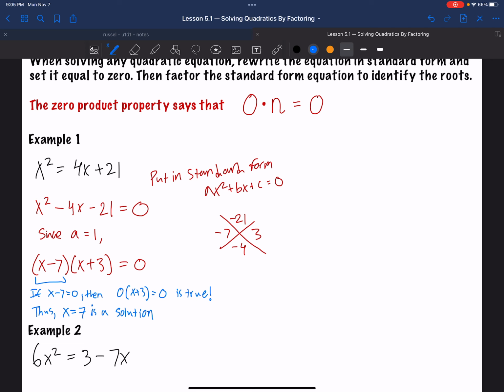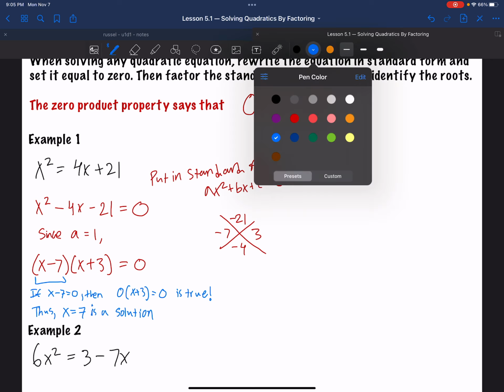Do you see it, right? x minus 7 equals 0. So if I add 7 to the other side, x equals 7 is a solution. And this makes sense because factored form says x minus root 1 times x minus root 2 with a stretch factor a equals 0. Well, r is the root, right? And in this case, it's 7. This other one's plus 3, so that's like minus negative 3. So I can already identify the roots if I knew factored form. But this is the more official way to describe it using the zero product property.